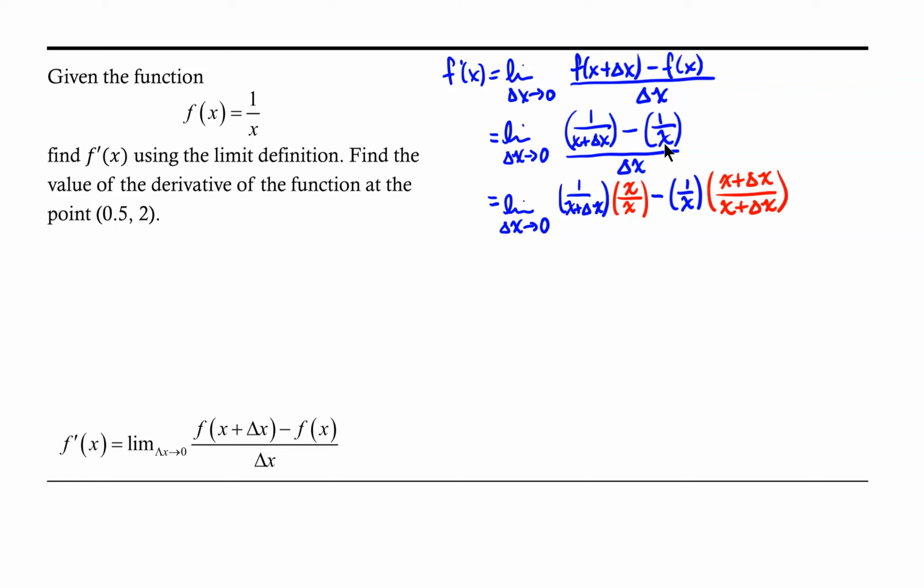Again, creating this common denominator of x times x plus delta x. Now that whole thing is my numerator, and my denominator is still delta x.